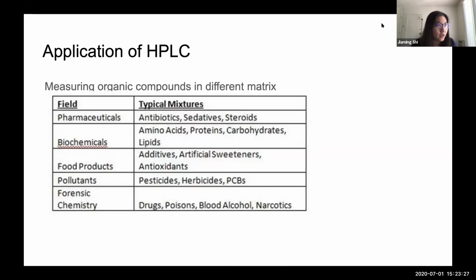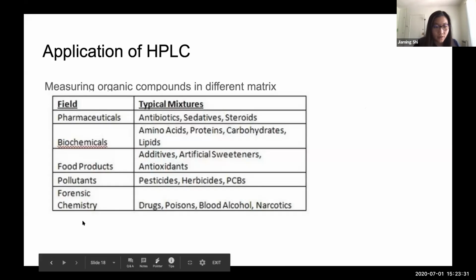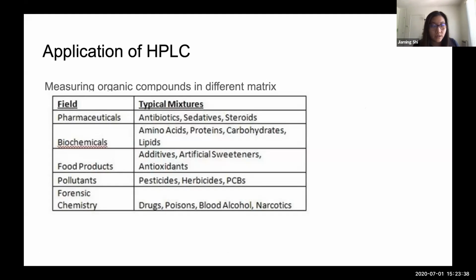Okay, so I'm gonna take over and talk about the specific applications of HPLCs. There are many different types of applications of HPLC in different fields. All in all, they're widely used for identification and quantification of organic compounds and different metrics. For example, in the pharmaceutical world, people use it to measure antibiotics, sedatives, steroids.